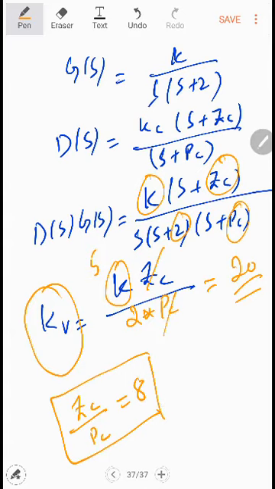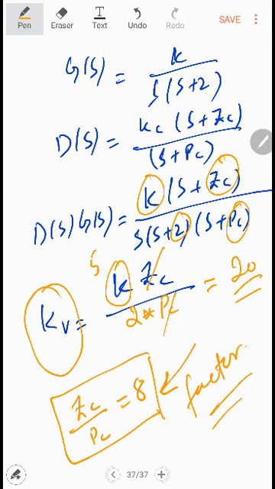You see, 5 multiplied by 8 is 40, divided by 2 is equal to 20. So we will get 20. This means that we have to get this factor, and how to get this one? This factor will be achieved if we place the ZC and PC on the real axis in this ratio.